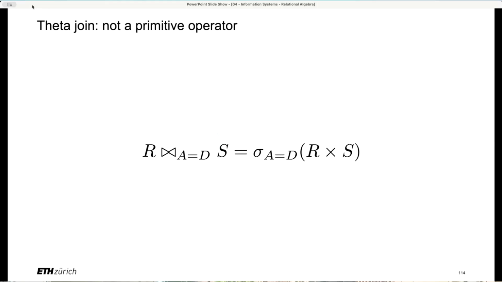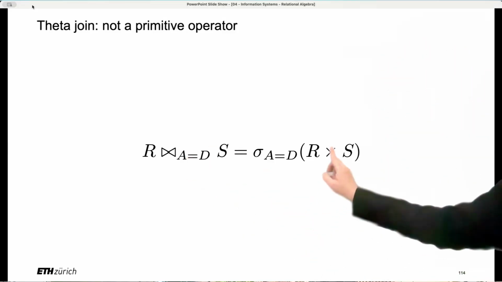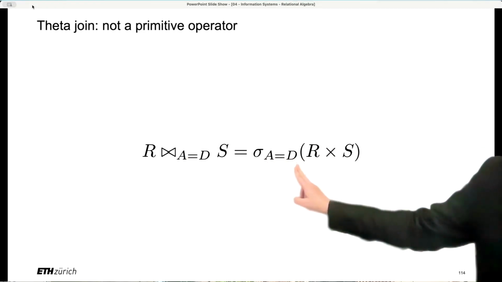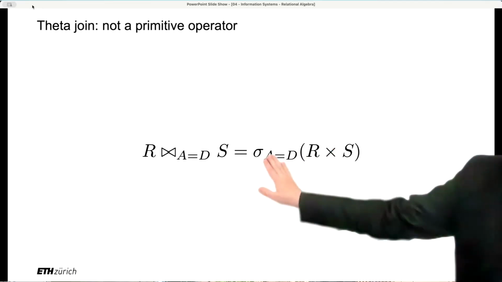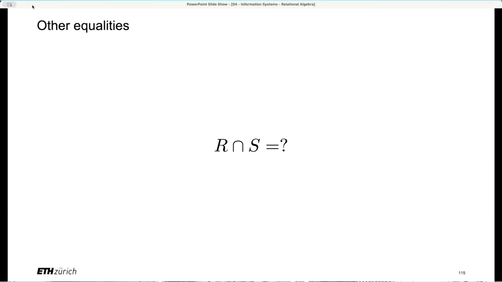Remember? So basically, it means that I can rewrite it in this way, that R theta joined with S with A equals D is the same thing as the Cartesian product followed by a selection, right? And a Cartesian product followed by the selection is going to be giving output that's not too big.